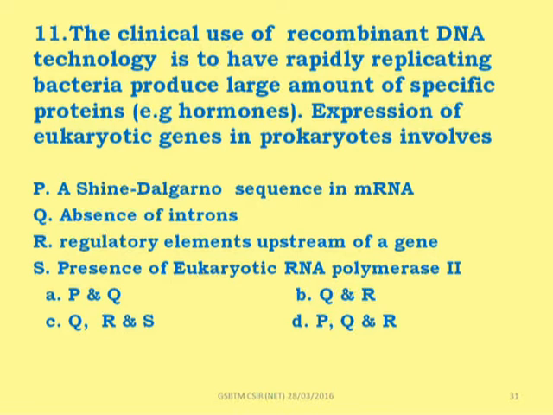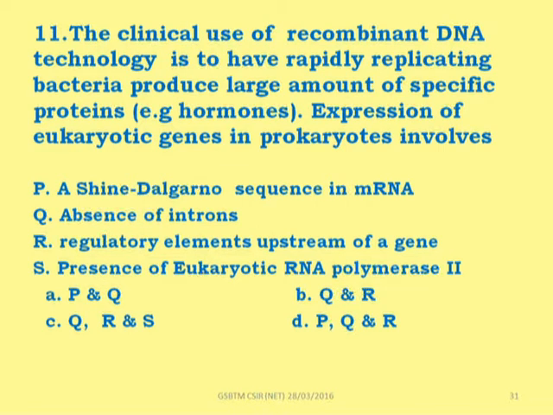Okay, this one is an important question. The clinical use of recombinant DNA technology is to have rapidly replicating bacteria produce a large amount of a specific protein, such as hormones. Expression of eukaryotic genes in prokaryotes involves what?